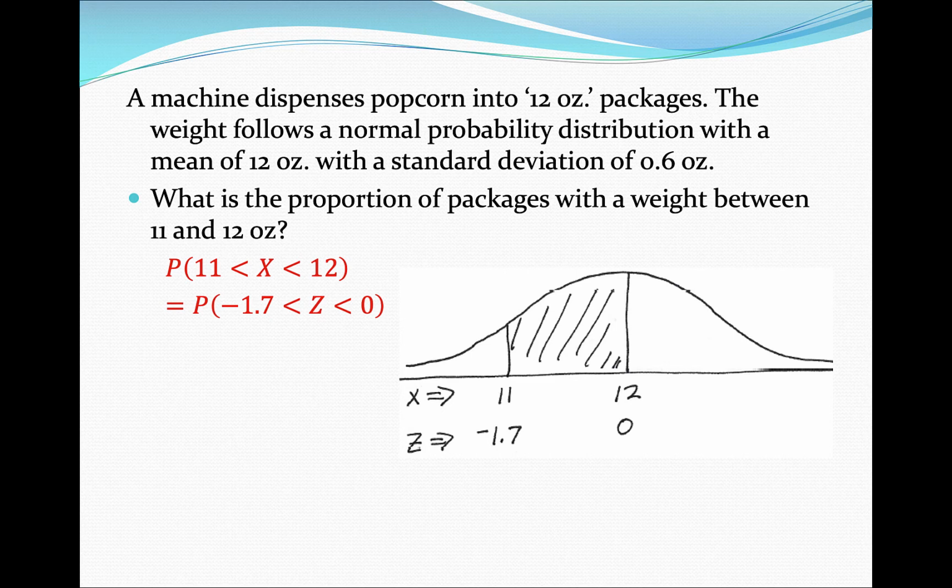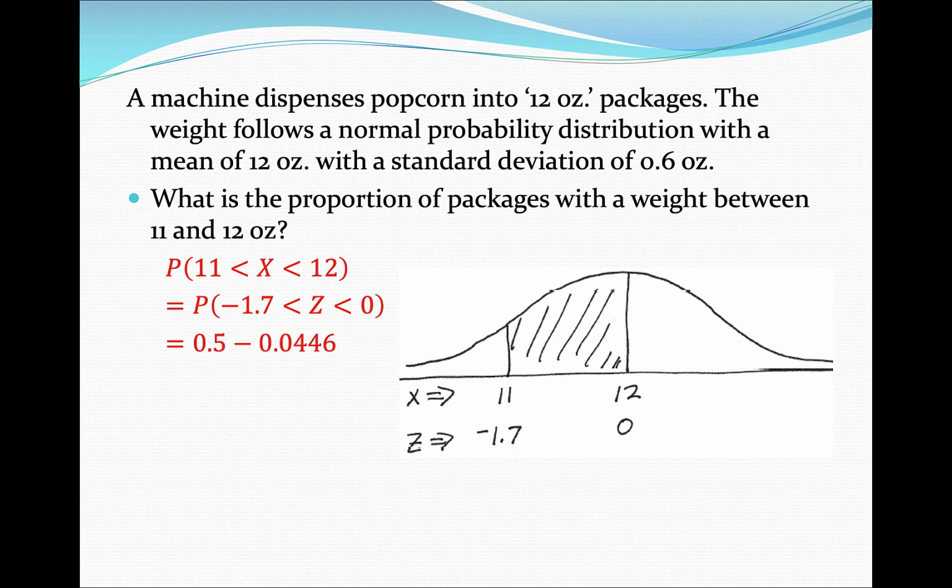When we find the area between two values, we look them both up. The area less than 0 is always 0.5, and you can look that up in the table, but honestly, you should be able to figure that out because we know the total area underneath the curve is 1, so half the area is to the left and right of the mean. So the area to the left of the mean is 0.5, and you get 0.5 for the area less than 0.